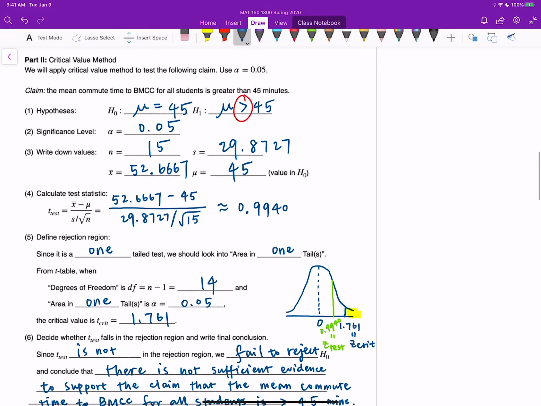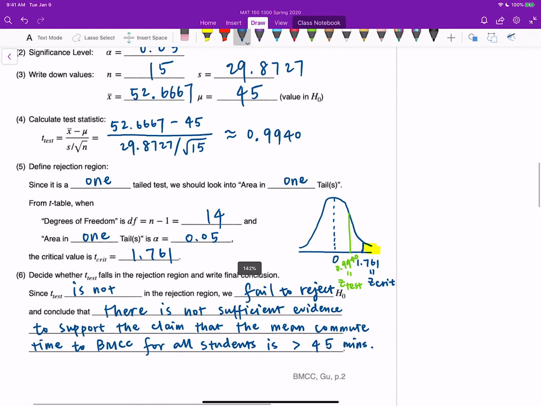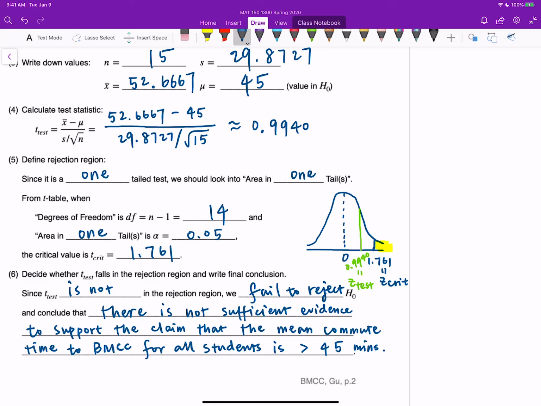So that's pretty much our conclusion. There is not sufficient evidence to support the claim that the mean commute time to BMCC for all students is greater than 45 minutes.